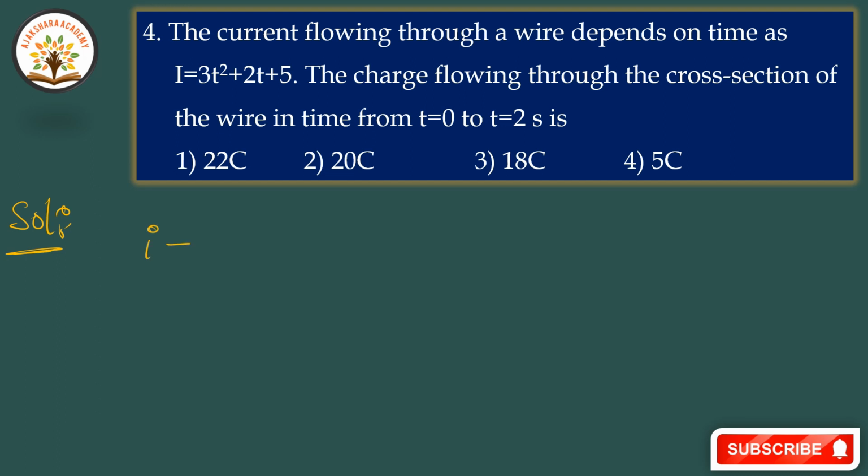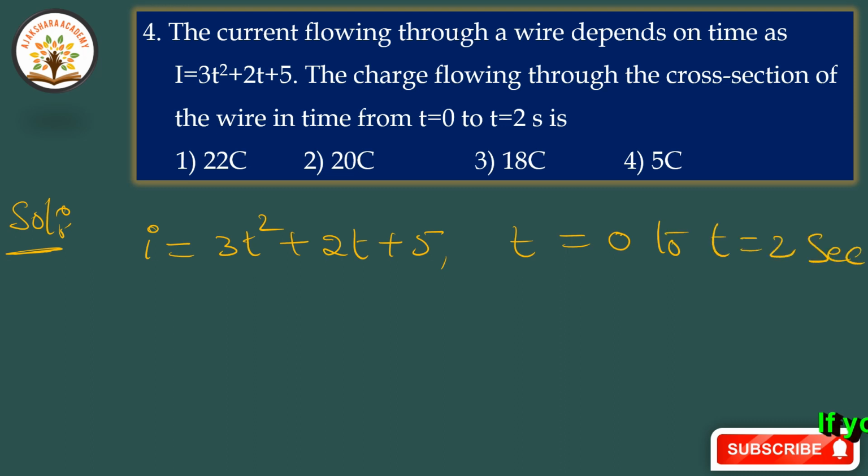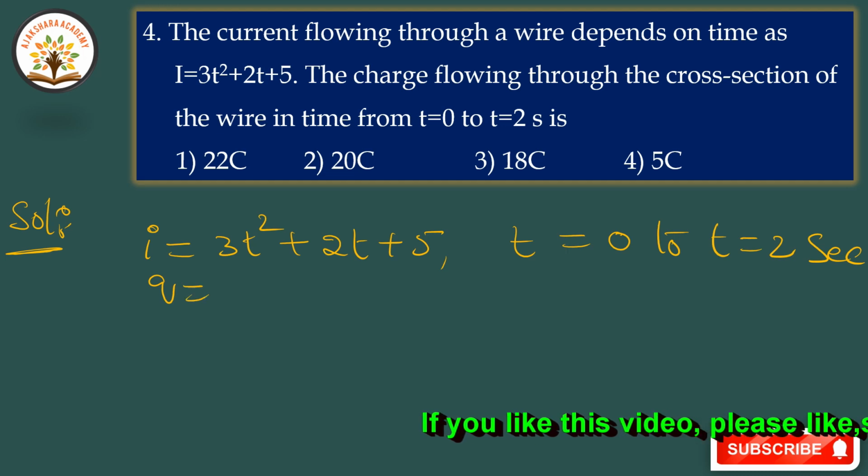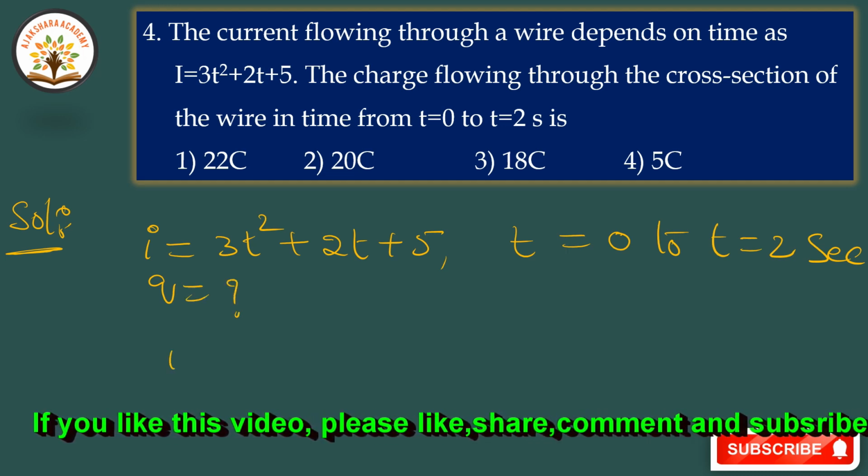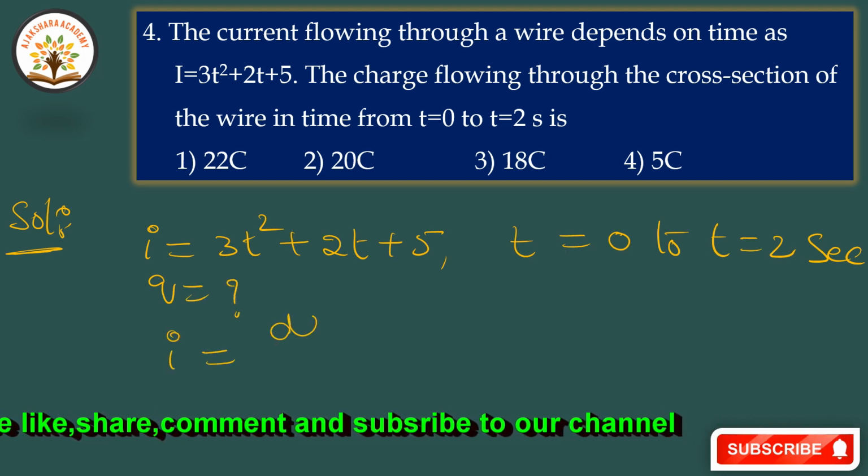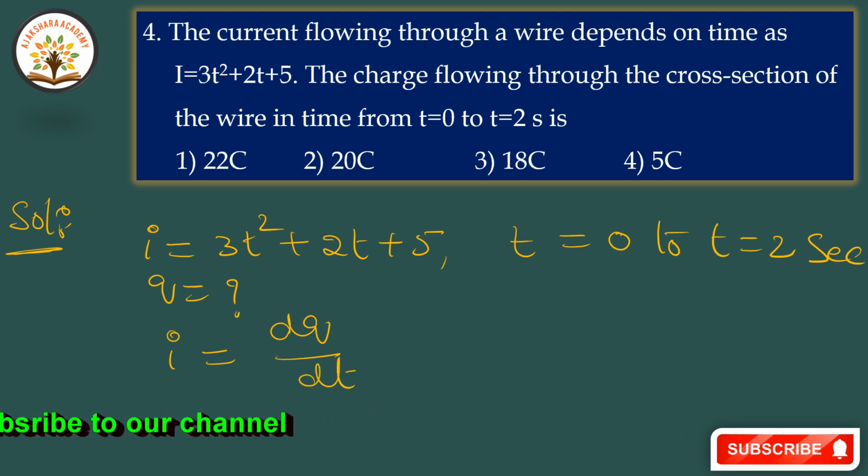Given I is equal to 3t square plus 2t plus 5. Now we have to calculate from t is equal to 0 to t is equal to 2 seconds. We have to calculate the charge. So I is equal to dq by dt.